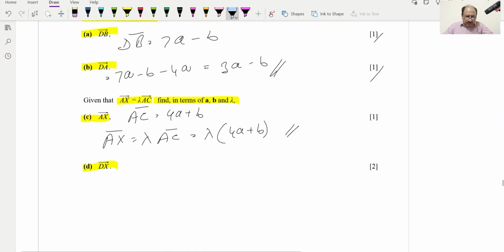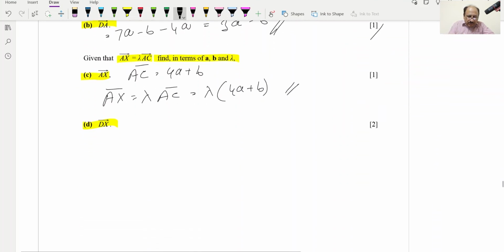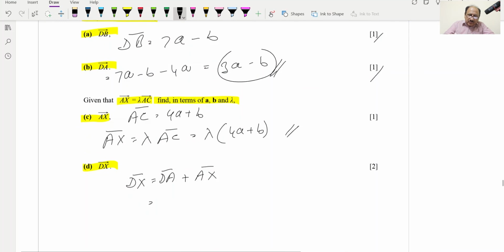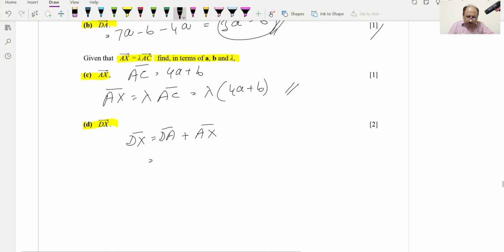So we can write over here, DX is equal to DA plus AX, these are vectors, and DA we already have, which is this one, 3a minus b. So we can write 3a minus b, and plus AX we have just found, which is lambda into 4a plus b, and this will be the answer for the 2 marks part.